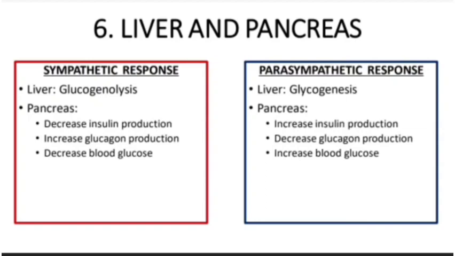Glucagon, on the other hand, detects a decrease in blood glucose. For example, when a person has hypoglycemia, your glucagon detects that, and then it tells your liver to break down the stored glycogen, which came from glucose. It breaks down the glycogen and brings it back into glucose. And that glucose will now be added into your blood circulation again, therefore increasing blood glucose levels.